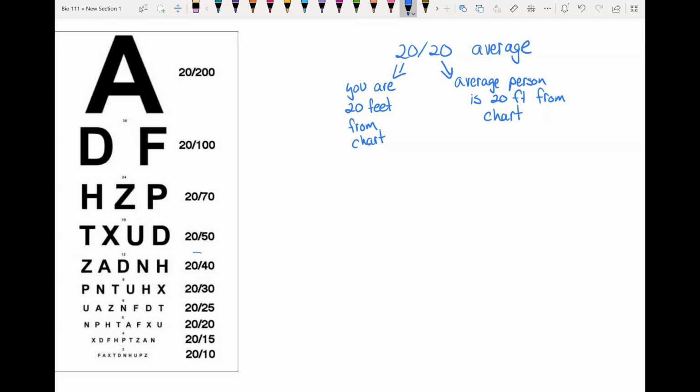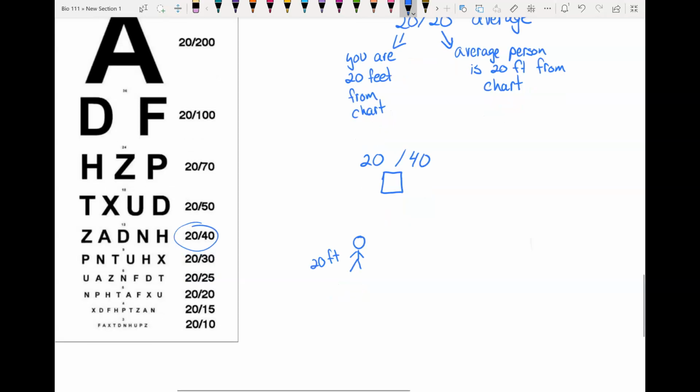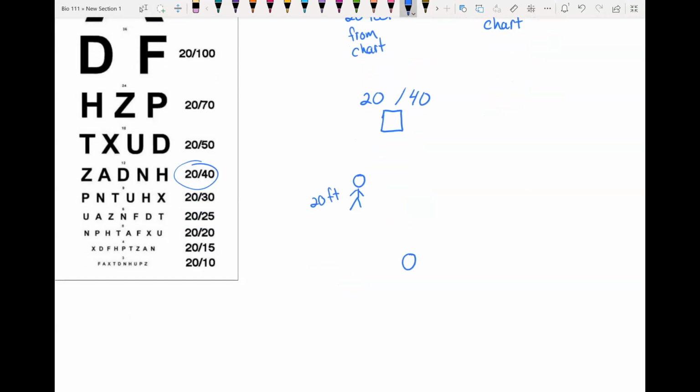Let's look at right here, 20/40. That's below average. If you have 20/40 vision, let's say here's the chart. You stand right here 20 feet away. The average person can go way back here. The average person can stand 40 feet away and read the same line that you can read only from 20 feet.